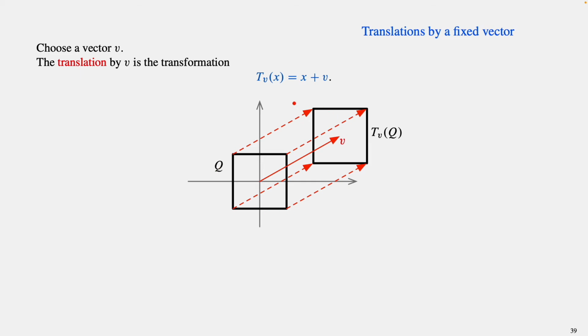And we see the effect here. So if Q is this square here, and if we apply the translation tv to Q, then every point on this square will be translated by this fixed vector v. So we translate the whole square by the vector v.